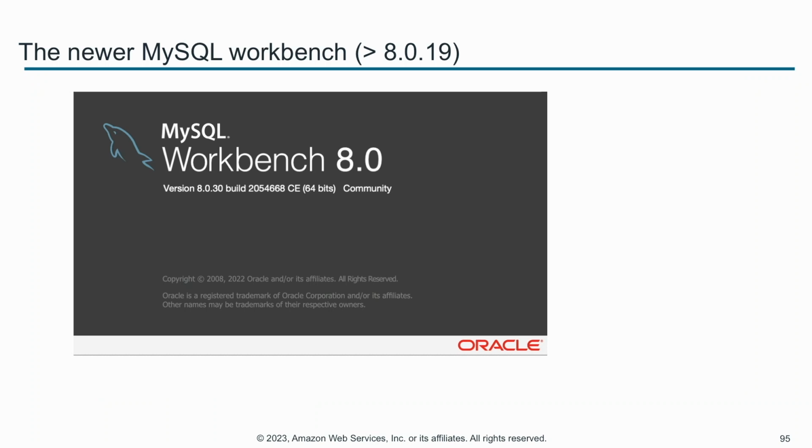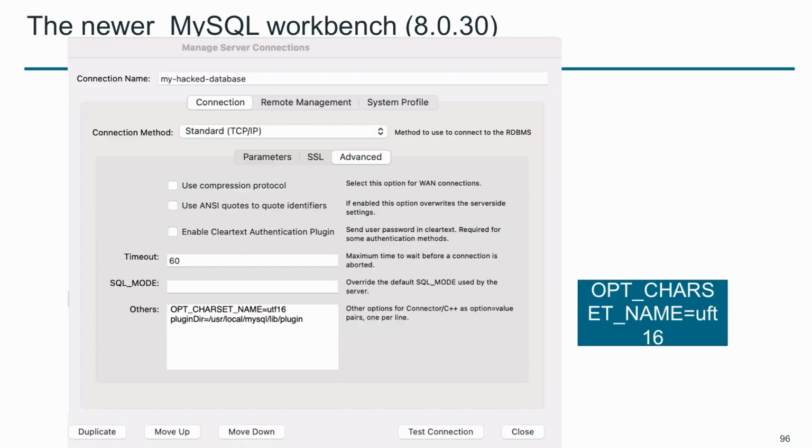So let's say that we take the newer version of MySQL Workbench, and this is the version before the fix, 8.0.30. And we supply the Workbench with the option character set name UTF-16. Right? Then what will happen is that it will skip over this. So let's take a look.